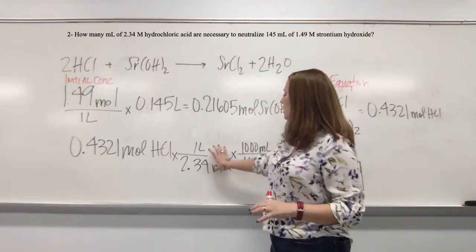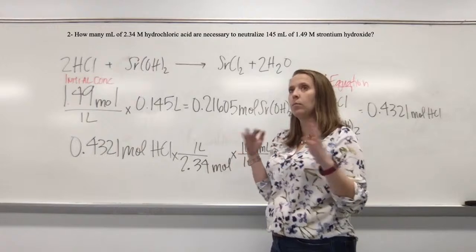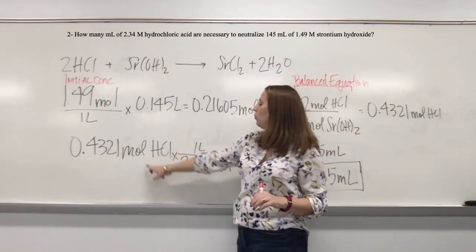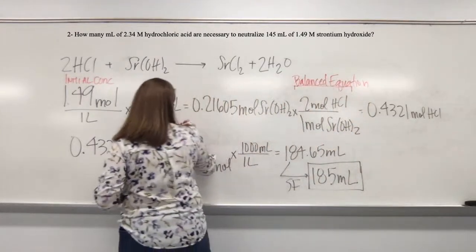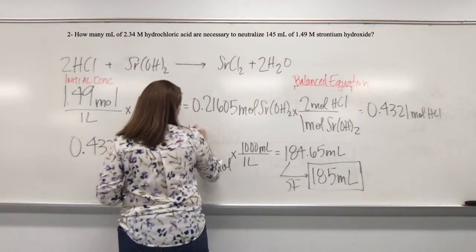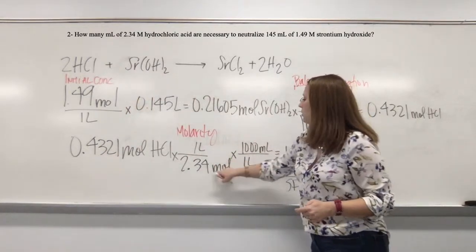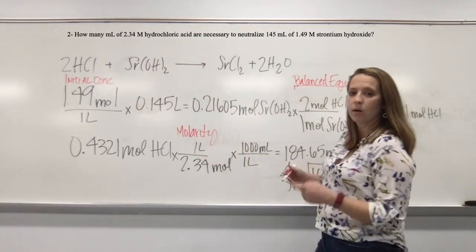So we can use the molarity of the acid to determine the volume. If we have moles, we can use the molarity. So this is our molarity, and then the moles would cancel out. We'd have liters, and then we convert it into milliliters.